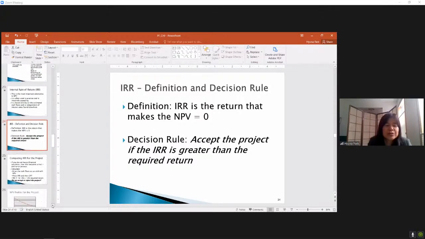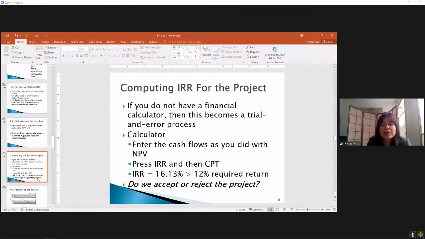So let's use a numerical example. You should have a financial calculator or an Excel spreadsheet to calculate it. If you just have a regular calculator, calculating IRR will be a very painful process because you need a trial and error method.